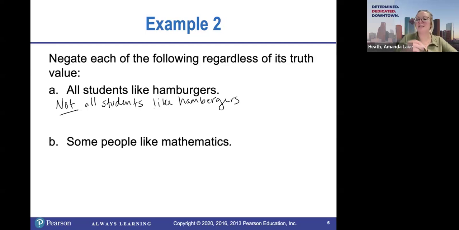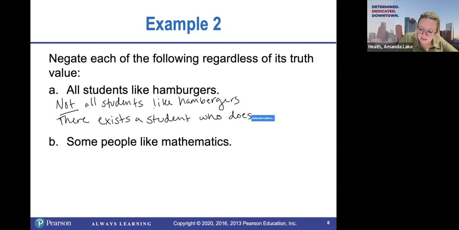That would be a way to phrase this. So there exists a student who does not like hamburgers. Or you could just simply say some students do not like hamburgers.